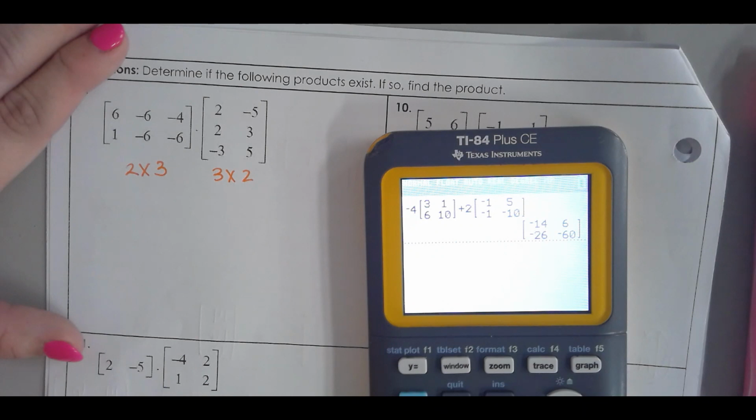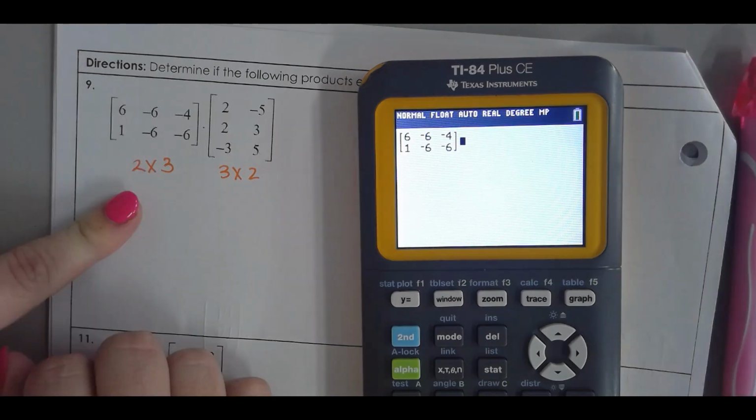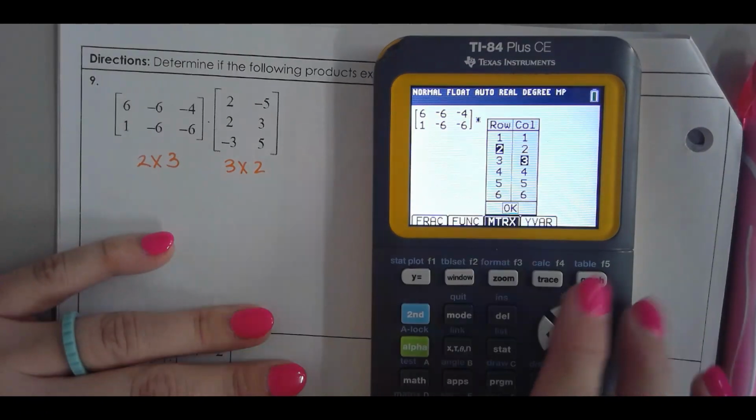Alpha zoom. So my first matrix, I need to type in the quickest way. Keep hitting the right button. You don't have to go down and left or down and all.